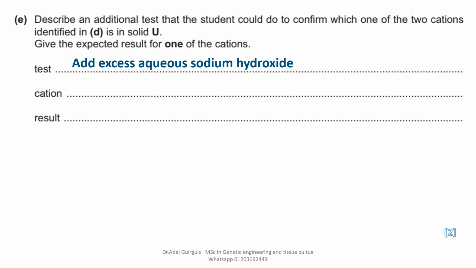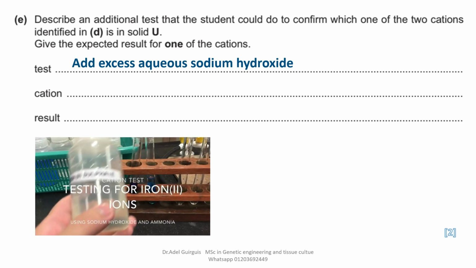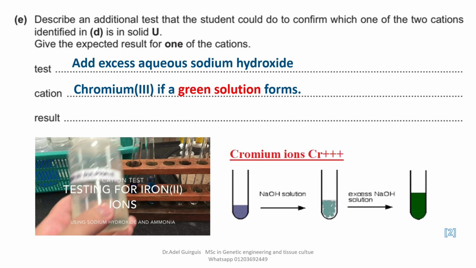That's the name of the test: cation test. Firstly, if chromium(III) is present, sodium hydroxide forms a green precipitate at once. If we add excess sodium hydroxide, what would happen to the precipitate? It dissolves and forms a green solution.